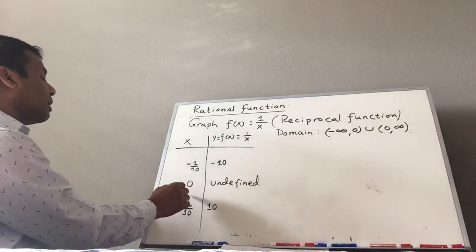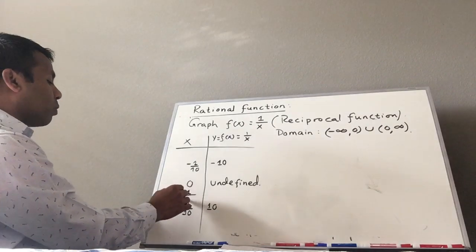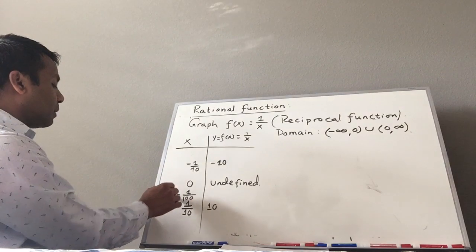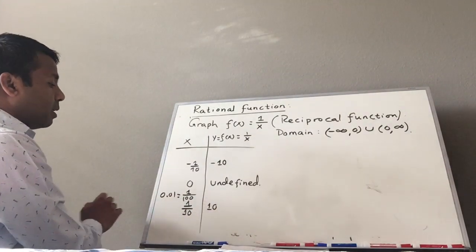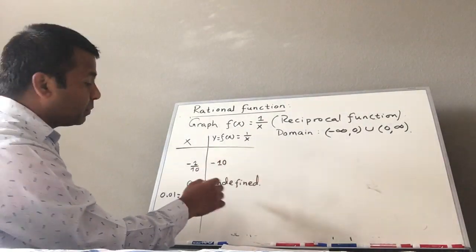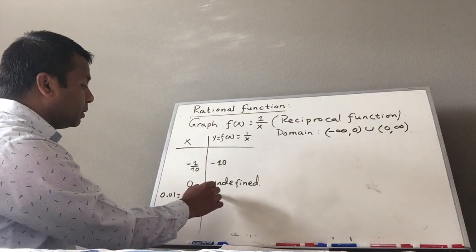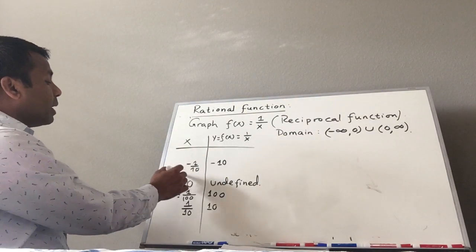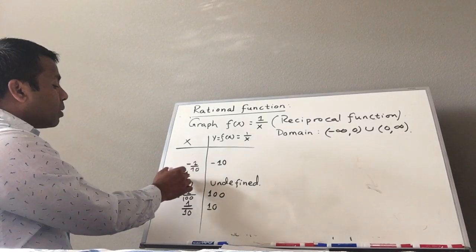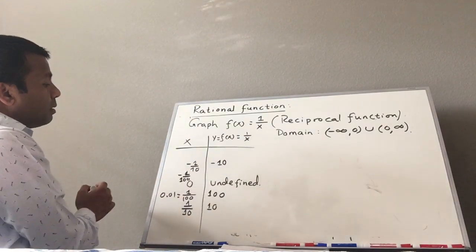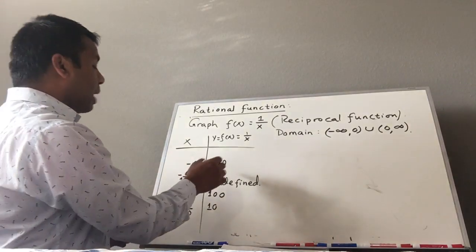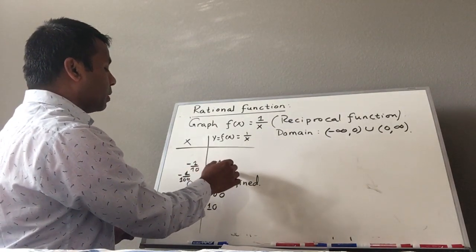And if I plug in 1 over 100, which is 0.01, then my y value will be 100. Similarly, if I plug in negative 1 over 100 as the x value, I will get negative 100.